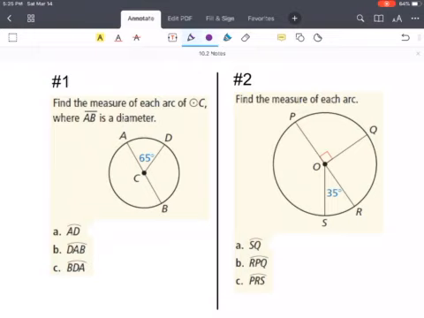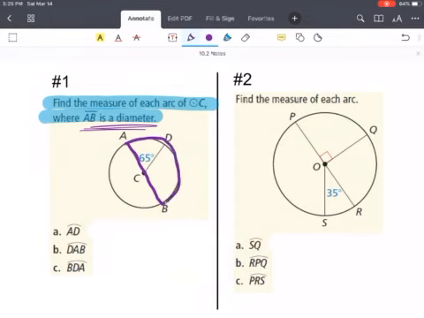So for the first question, find the measure of an arc of circle C where AB is the diameter. First off, recognizing that AB is the diameter means that I am cutting this circle in half, which means this whole thing is going to be equal to 180 degrees.